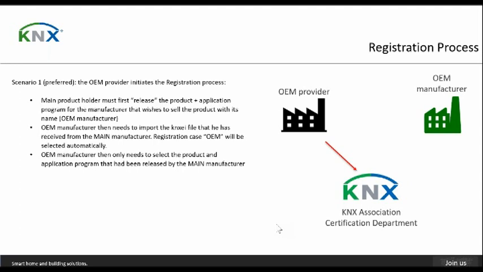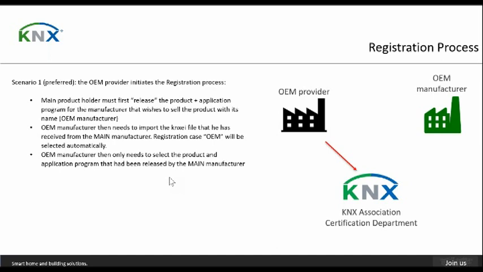So, two ways to do the registration process. We need to get the terminology straight here. The KNX Association is where you find the certification department. Then the OEM provider is the manufacturer that makes the original equipment, so it's the main provider, the main manufacturer.